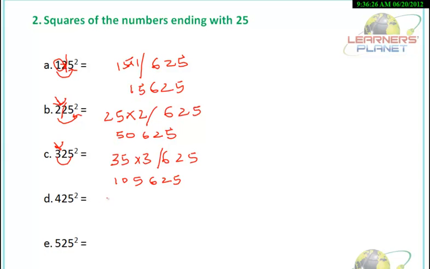Okay. Similarly, in this example, 425 square, it is 625 and then 45 into 4. So what we'll be getting is 180, that is 45 into 4. 45 2s are 90, 90 2s are 180. So 180 625. It's very simple. You practice with 525 square and match the answer with me.